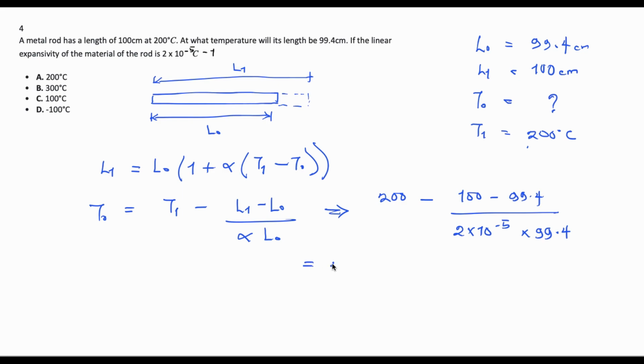So you have that this is 200 minus, so the numerator here becomes 0.6, and the denominator, if you multiply this out, becomes 0.001988. So ultimately you would have that this is equal to minus 101.8 degrees centigrade. Now of all the answers that we have here, the nearest answer is minus 100 degrees centigrade. So our answer is D.